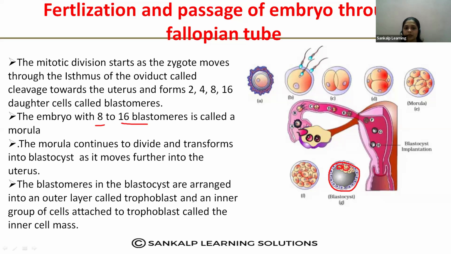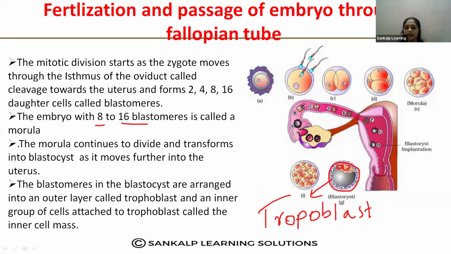So this is called a blastocyst. Look, the blastomeres in the blastocyst are arranged into an outer layer called the trophoblast. This layer is called the trophoblast. Don't confuse.